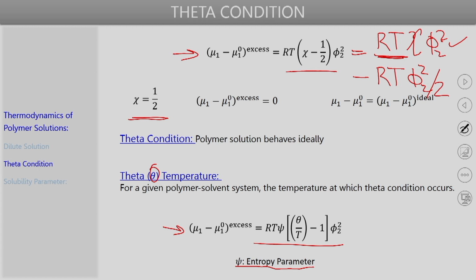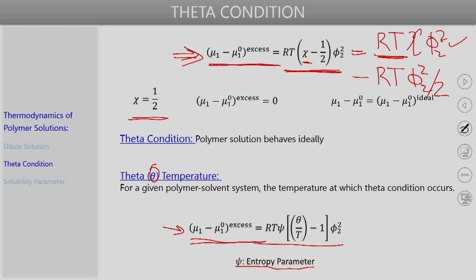Okay. So, if we again look at these two equations, this equation where the excess chemical potential difference is expressed in terms of the chi parameter, the Flory-Huggins interaction parameter, and this equation where it is expressed in terms of the theta temperature. For the first expression, we can say that if the value of chi is less than half, then this excess term will be negative.